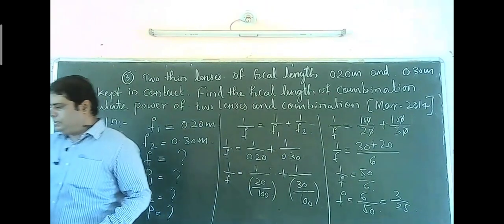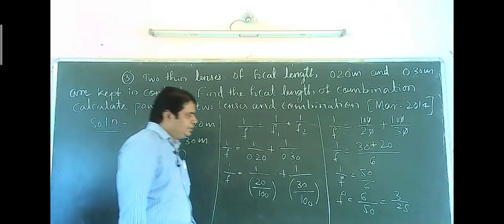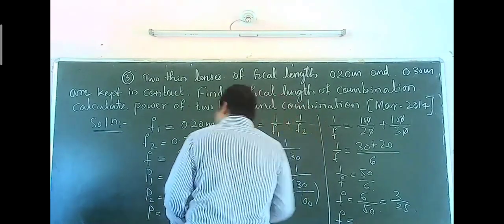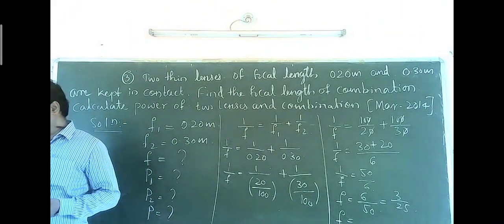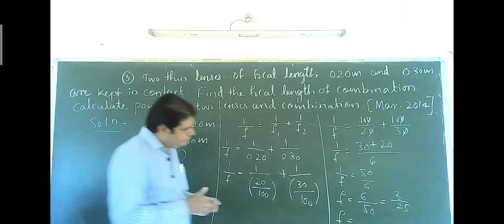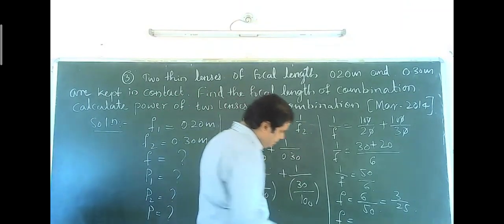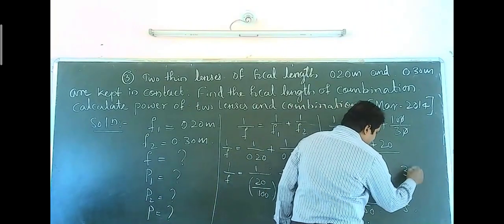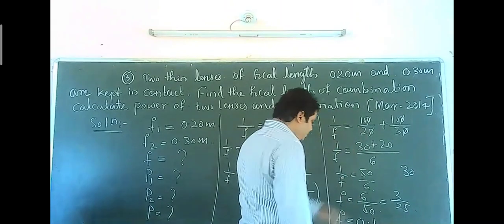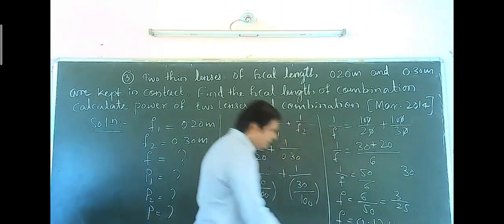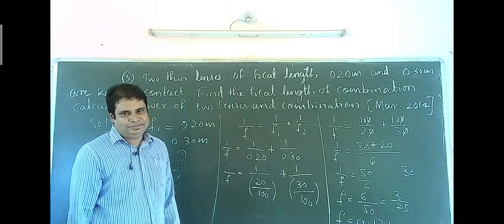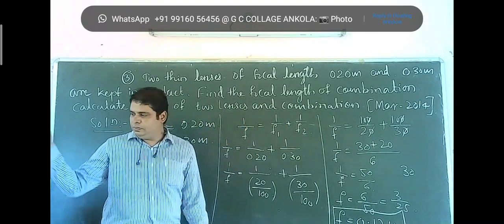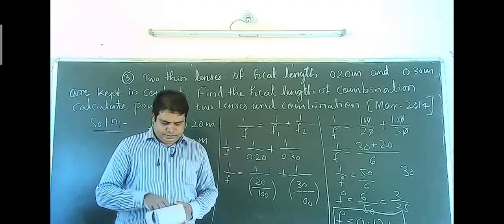Here let me use the calculator. 25 divided by 3, f is equal to 0.12 meter.